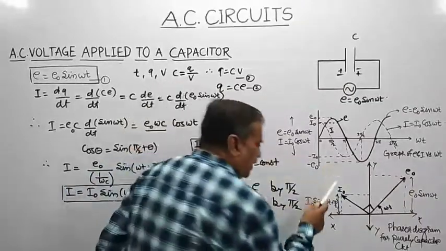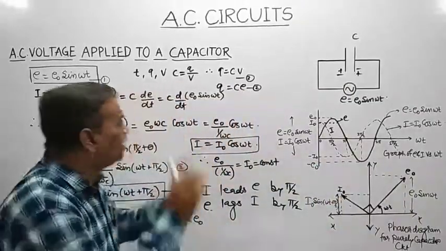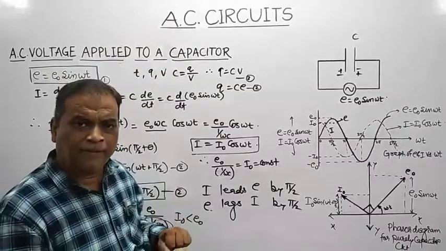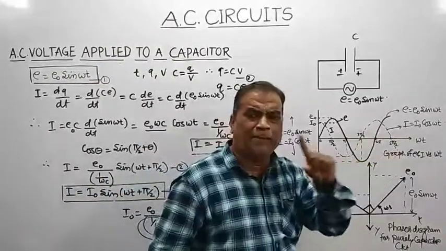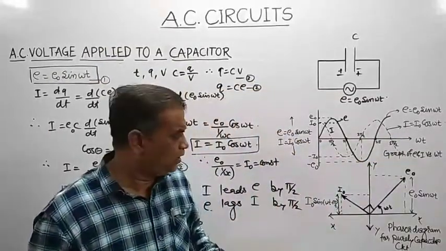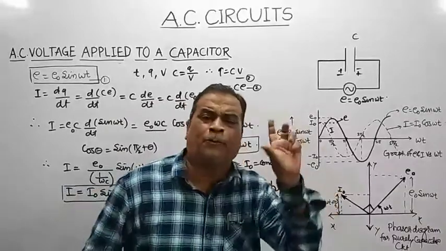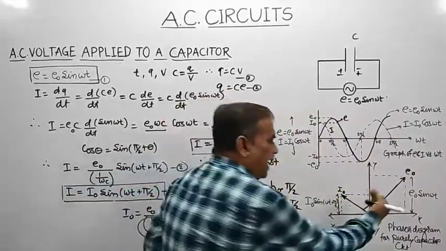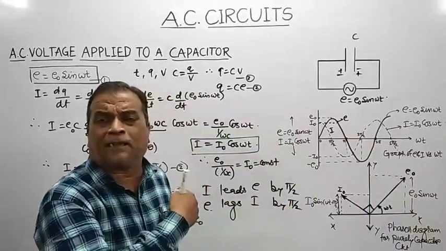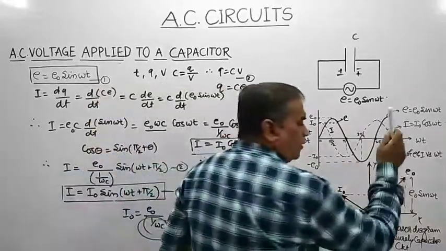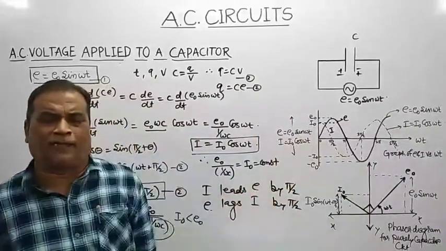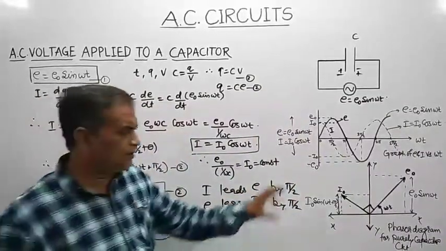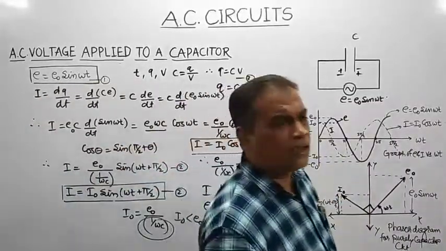Because the alternating current in a purely capacitor circuit leads the alternating EMF by a phase angle of pi by 2, the phasor corresponding to the peak value of current will be shown in anti-clockwise direction at 90 degree with the peak value of alternating EMF.